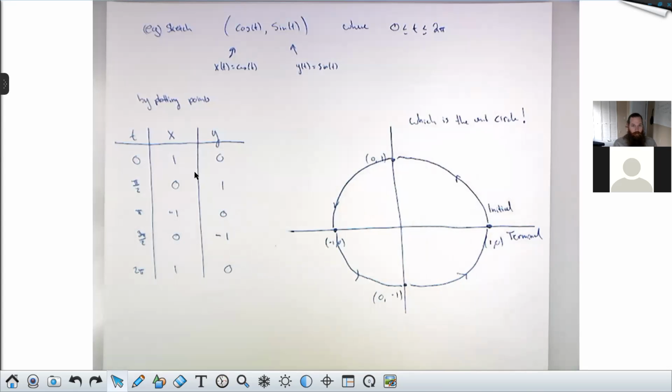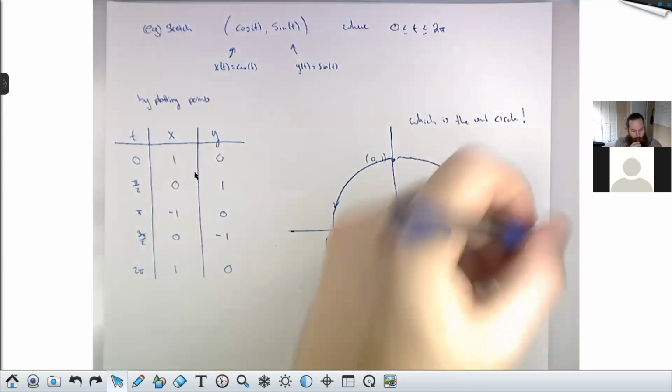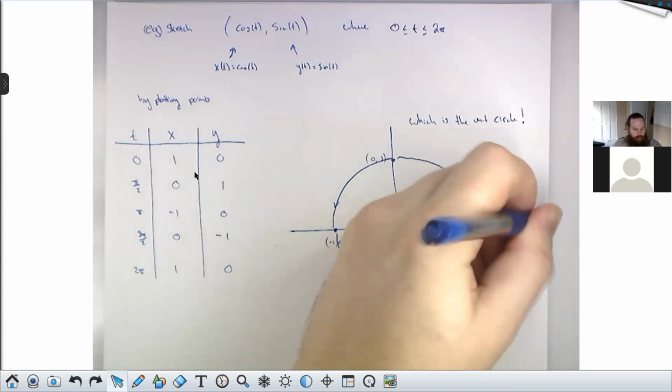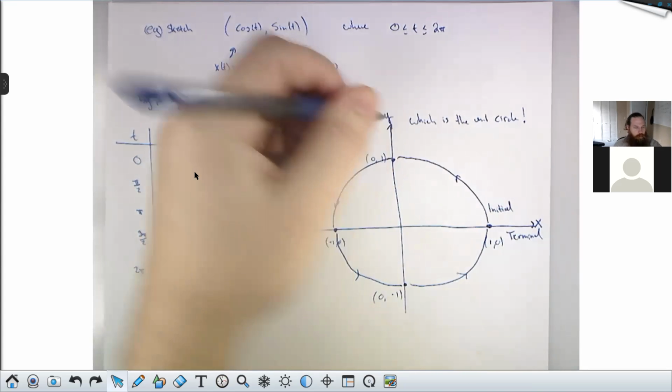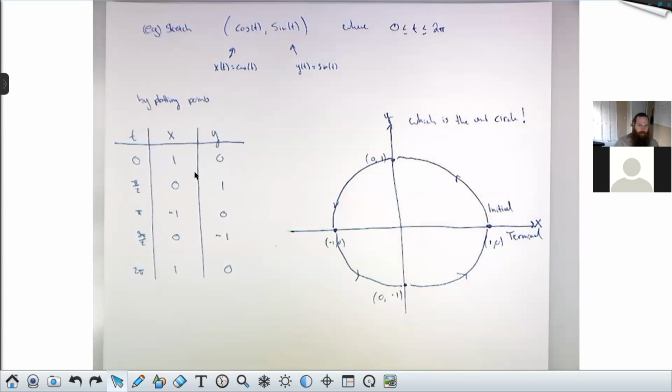Why is this the unit circle? Well, one of the ways to think about it is that, yeah, you know the unit circle is all the points cosine, sine. This is still the x-axis. This is still the y-axis. There is no t-axis here.